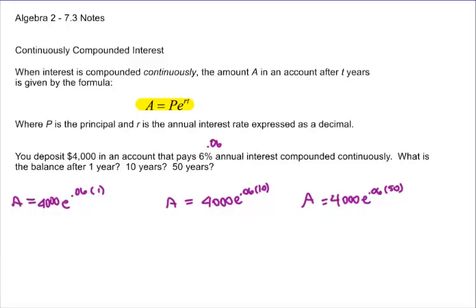So I'll work on the after 1 year. I'm punching in 4,000 times e to the 0.06 times 1. And after 1 year, I'm going to have $4,247.34.